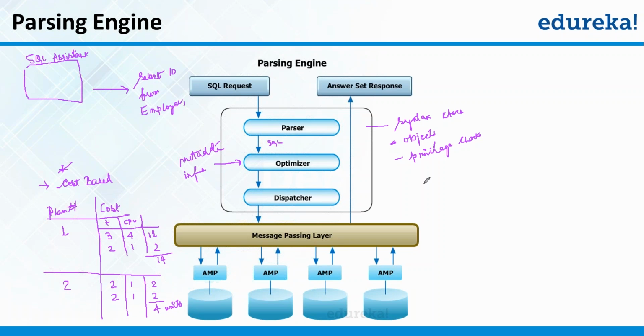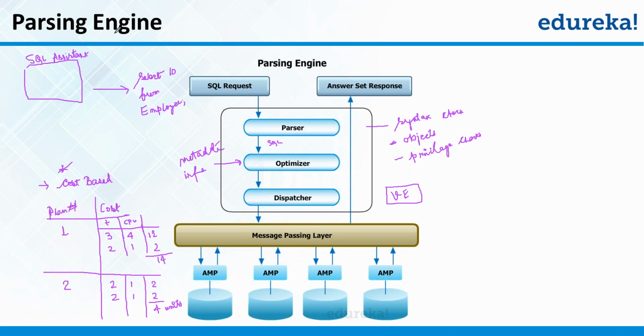So the cost of the second plan is just 4 units. So Teradata, having a cost-based optimizer, will pick plan 2, and it also has something called visual explain. So the user will be able to see what plan has been finalized by Teradata's optimizer, and that is the plan it will use to get the data out.